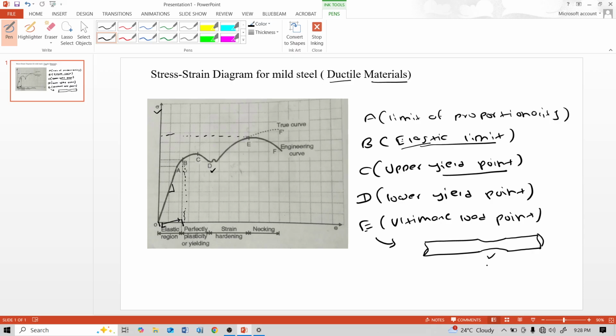This is necking: the cross-sectional area at a particular section starts reducing very fast. And after this, F is the breaking point.